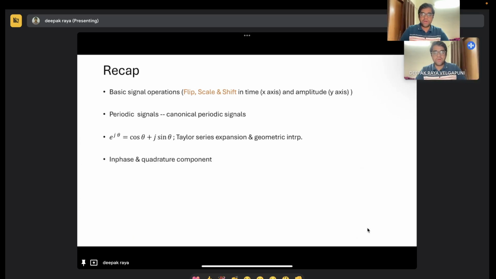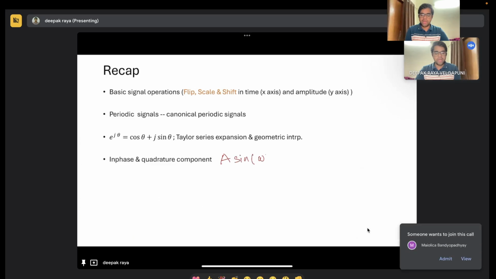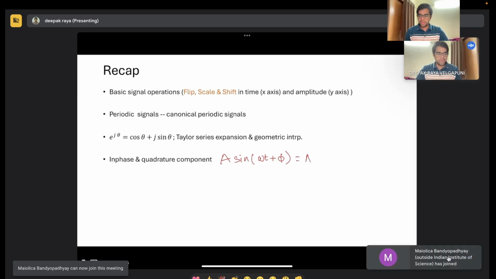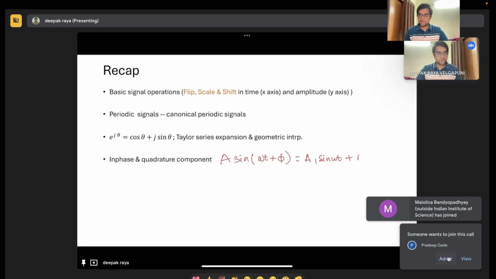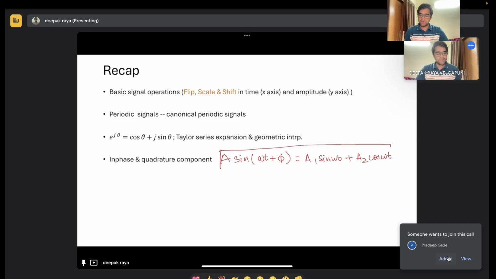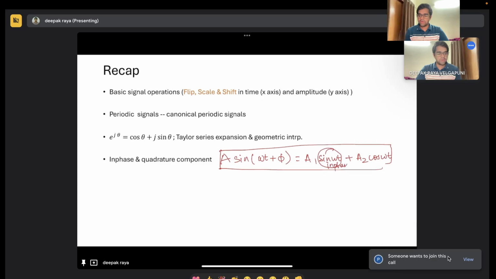And we have seen how a general sinusoid, a sine omega t plus phi, can be represented as a sum of sine and cosine, equal to a1 sine omega t plus a2 cos omega t. This is called the in-phase component, and this is called the quadrature component.